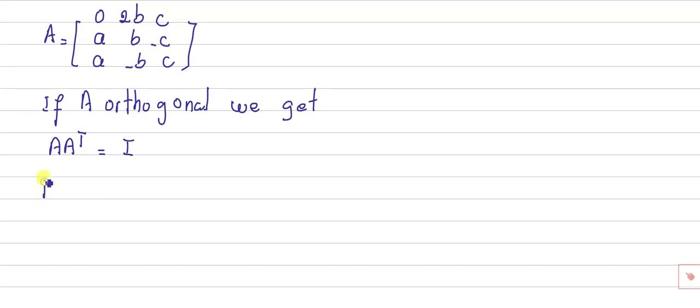So fine. Now we find A and A transpose. A and A transpose equal to identity.